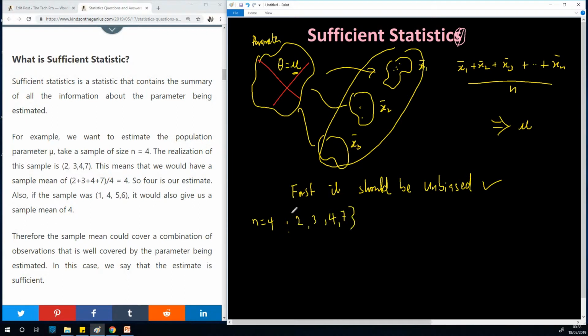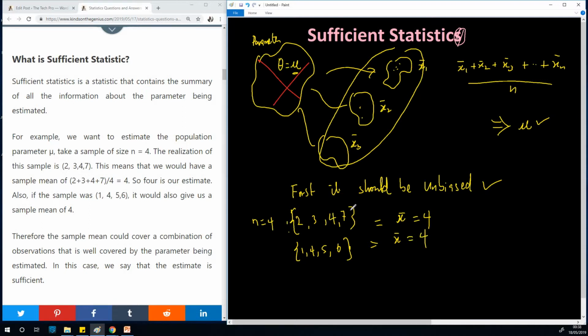This is our sample, okay? And then we calculate the mean, which is equal to 4. And if this 4 is actually the parameter value, then it means that if we also take another sample, 1, 4, 5, 6, it should also give us a mean equal to 4.